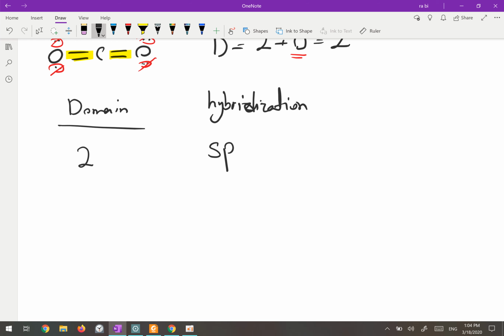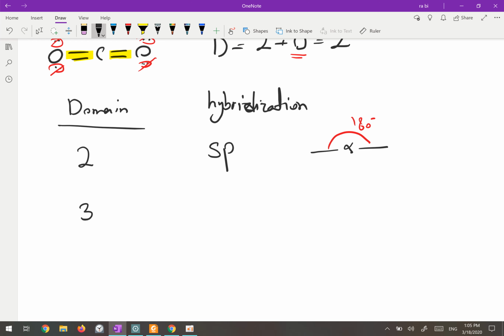It means one s orbital and one p orbital are mixed with each other, and it makes two new hybrid orbitals, the name of each one of them being sp. So when you have two domains, the best arrangement for the molecule is linear. The two domains form 180 degrees relative to each other, because if the two domains are opposite to each other, they have minimum repulsion between them.